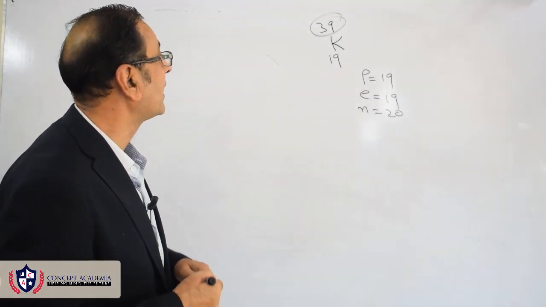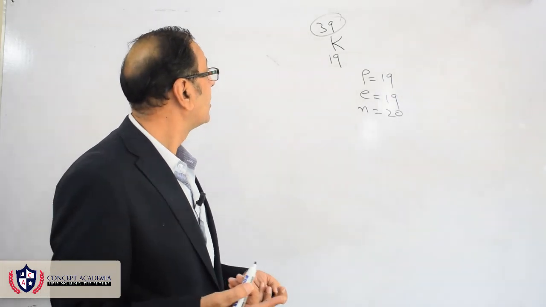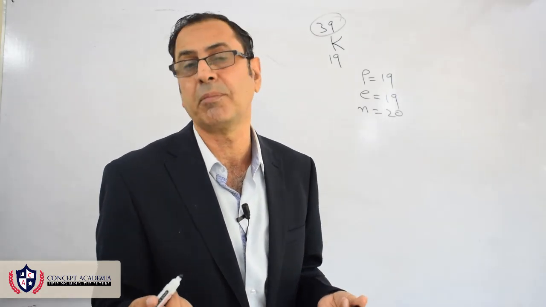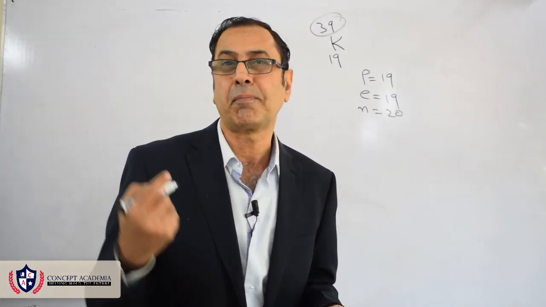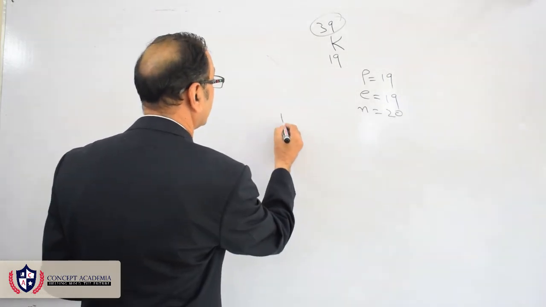And we can find the period number. You know very well the priority of the period number is the first priority. So the first priority is given to the period number.